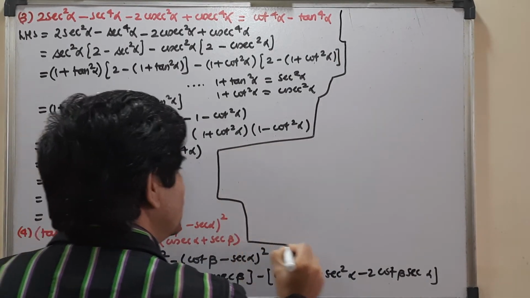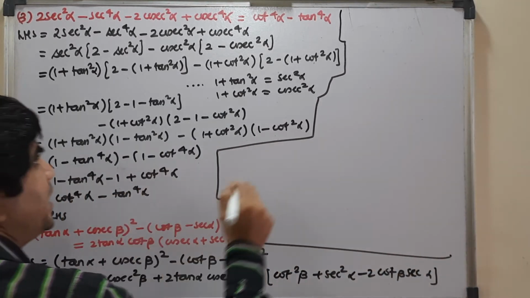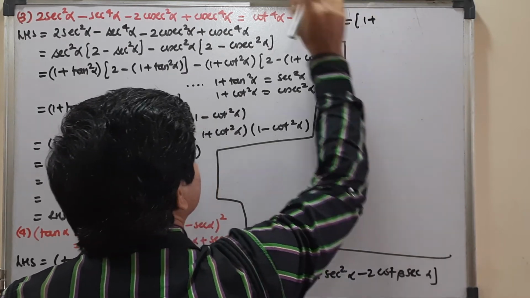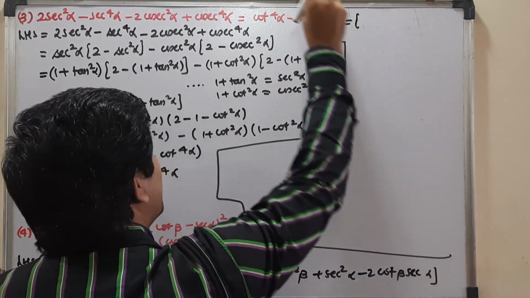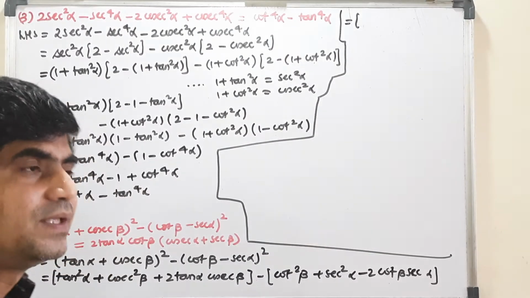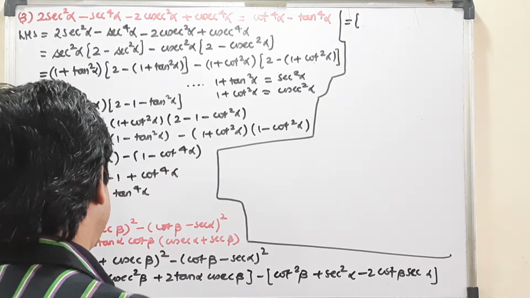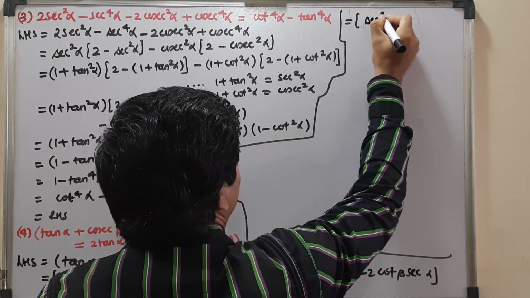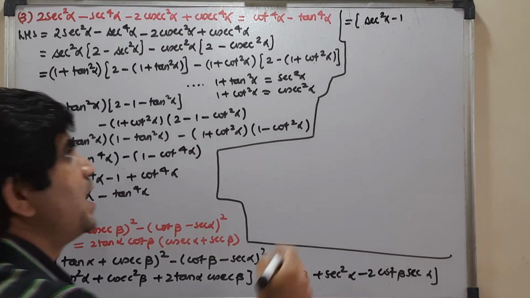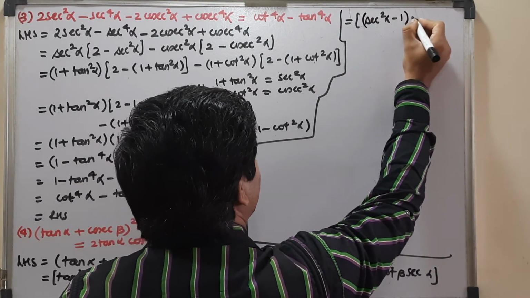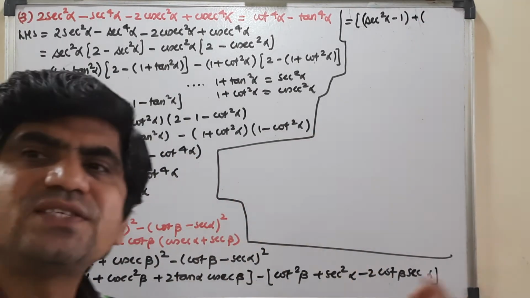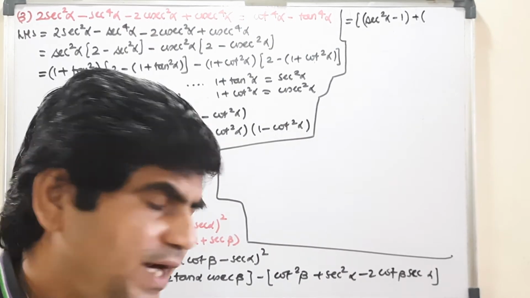I am going to take tan square alpha: 1 plus tan square alpha is equal to sec square alpha. That means tan square alpha is equal to sec square alpha minus 1, right? And cosec square alpha, okay, is 1 plus cot square alpha, correct?